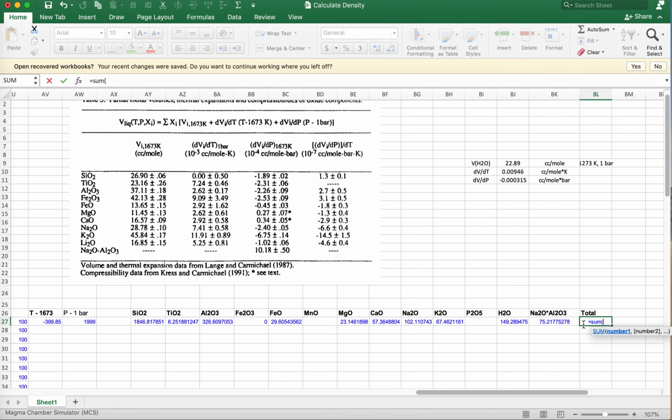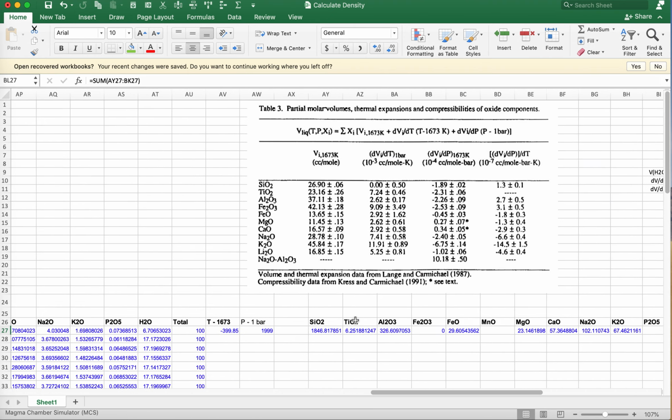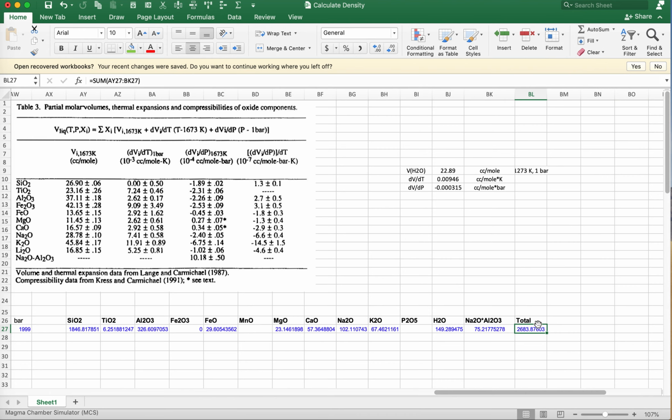Now we take the sum of those. That would be the volume. This is volume in cc per mole, but we had everything multiplied by 100 here. I didn't finish my statement. This would be the volume.